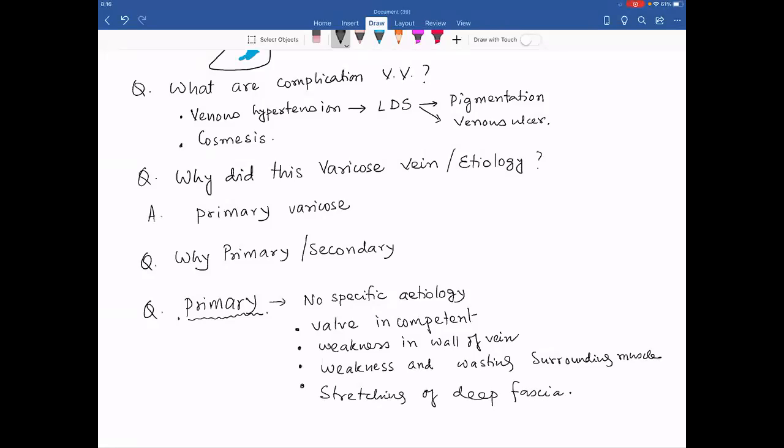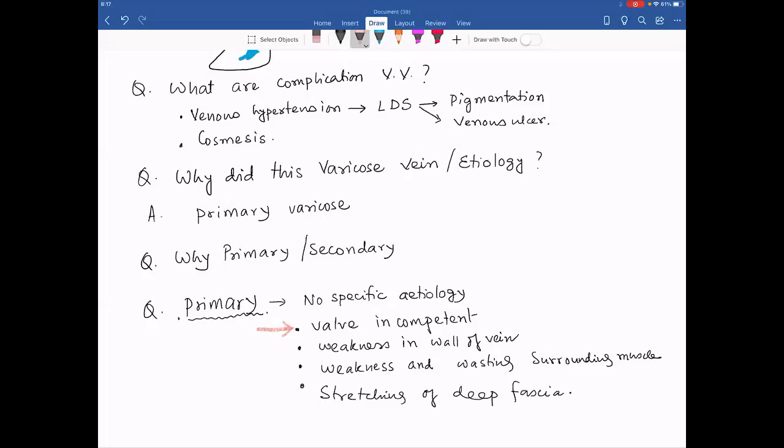Okay, 4 reasons. The examiner can ask you, in this patient, what are the points that go in favor that this is a primary varicose vein? So the picture is very clear. Valves are incompetent. This may be the reason.